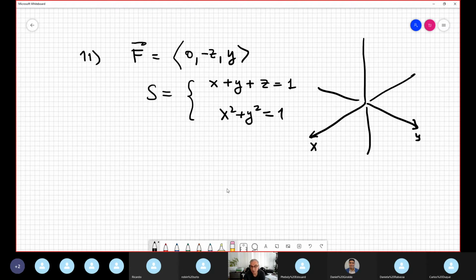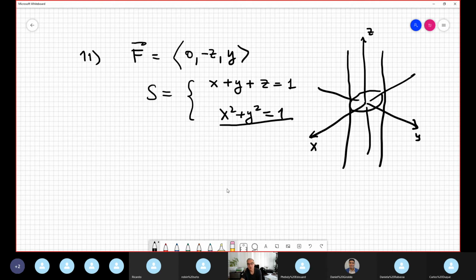We have, for example, here, like that, along this axis. And this is the plane.